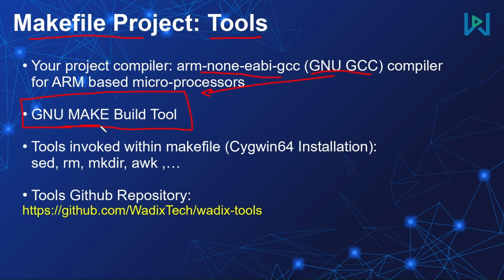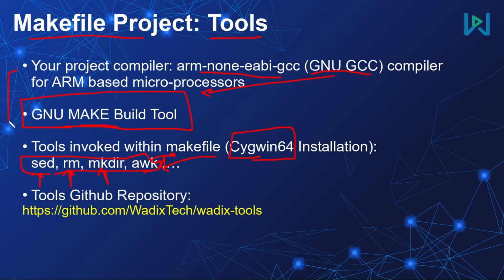Besides the GNU Make build tool, we'll need, of course, a set of tools and applications that allow, for instance, creating directories, removing directories, modifying files, and so on. Cygwin64 does offer those kinds of applications and tools, and those can be integrated as part of our Makefile rules.